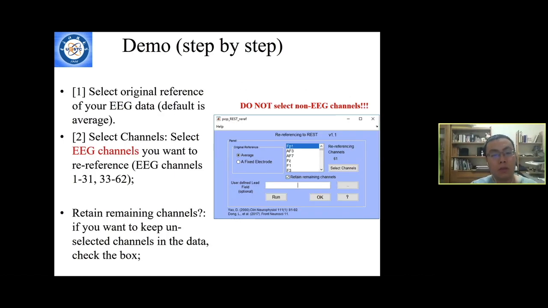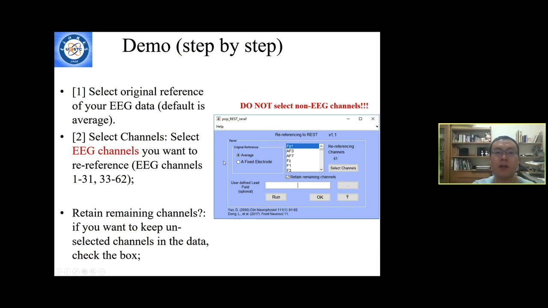Now we will show how to reference your data to REST step by step. First, you can select the original reference of the EEG data. For this example data, the default is average. Then select the channels you want to reference. Please note that you should not select non-EEG channels, such as EOG, EKG, and so on.